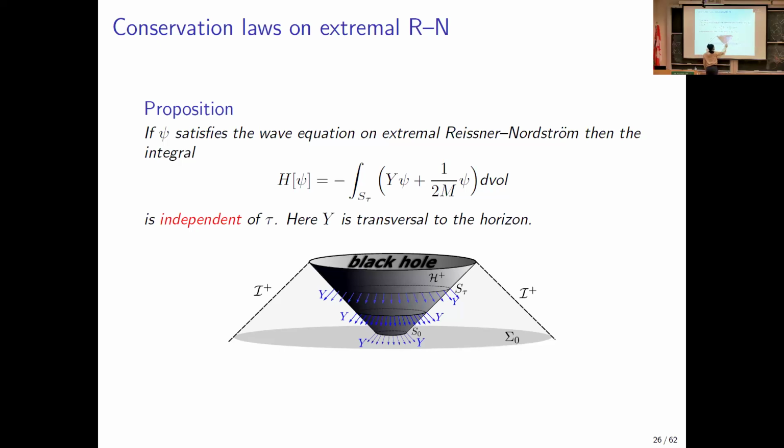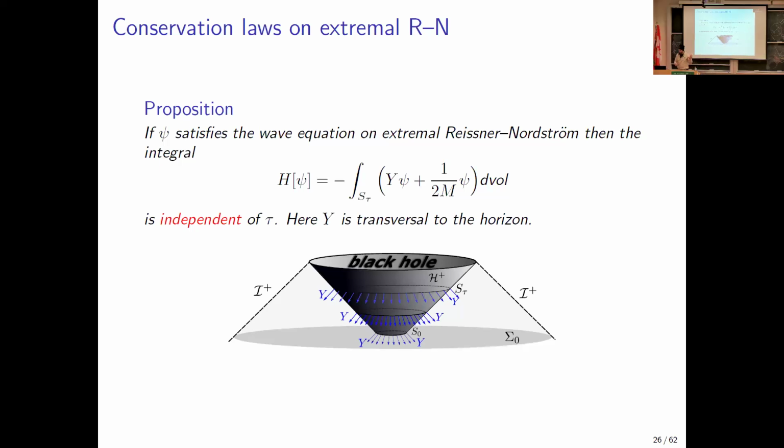In this case, it's the transversal derivative. And the result you get is the same, regardless of the section you chose, for any solution to the wave equation. So that's a conservation law for the wave equation along the event horizon.